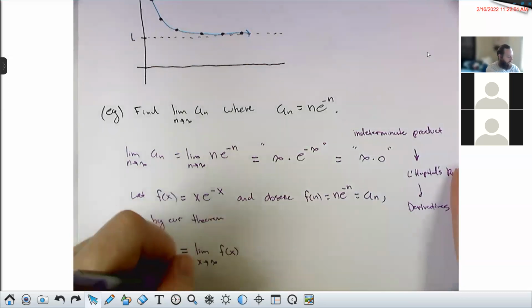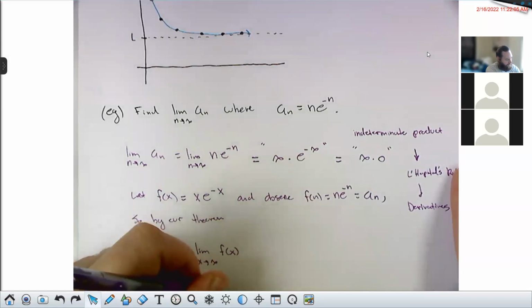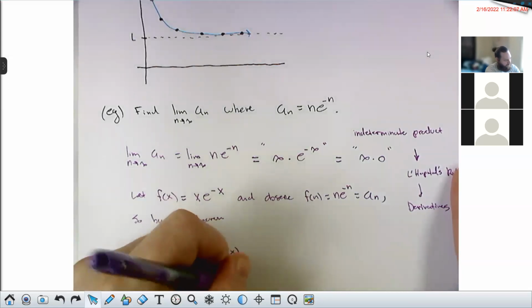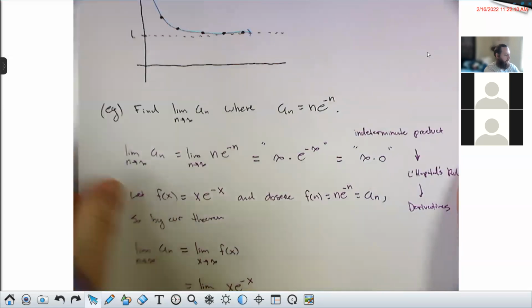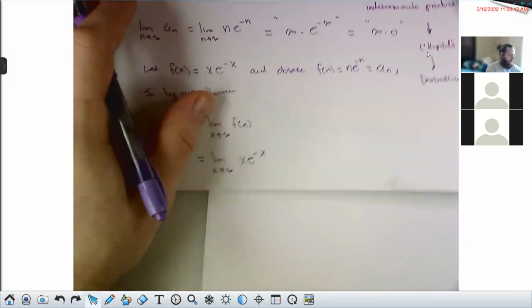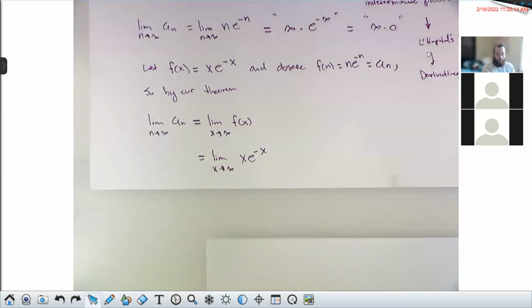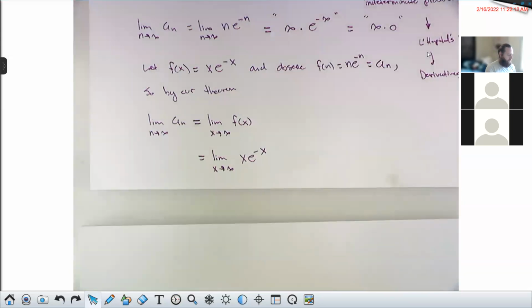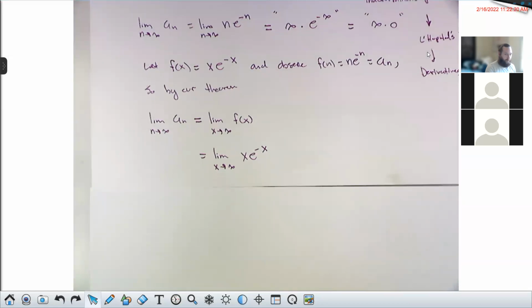And f of x is x e to the negative x. And x and e to the x, those are differentiable functions. They're continuous and differentiable. They're as nice as nice can be.